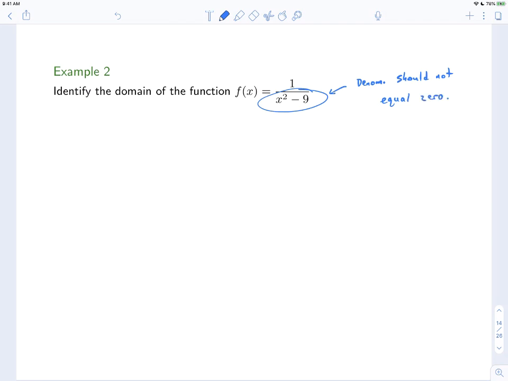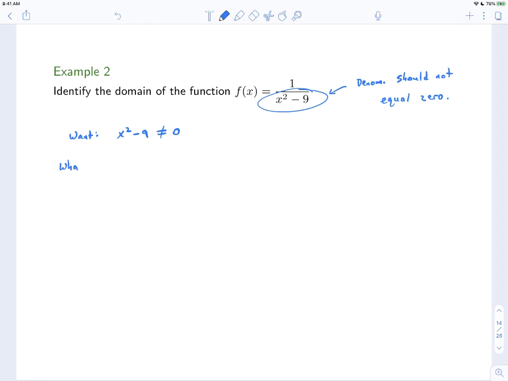In order to determine the domain of this function, it's easier to ask what cannot be in the domain. And what we don't want is for the denominator to equal 0. So we want x squared minus 9 to not equal 0.